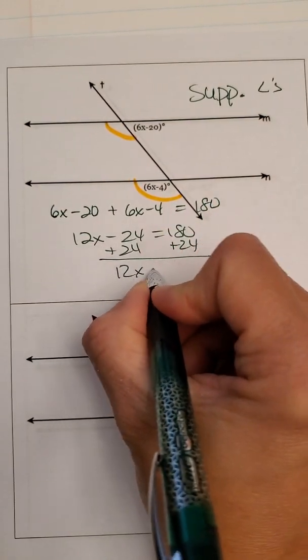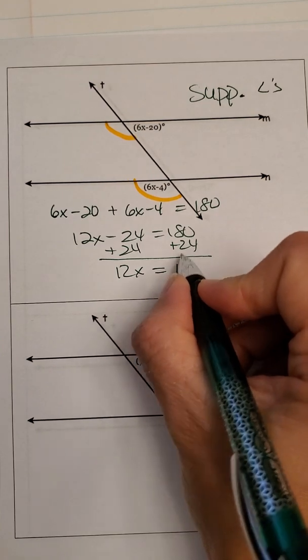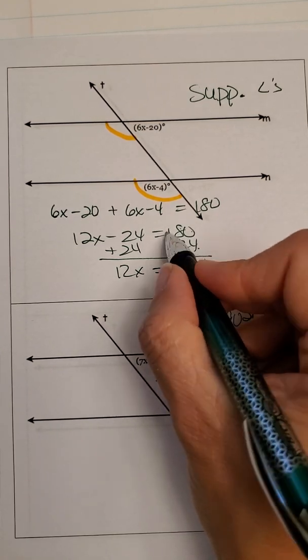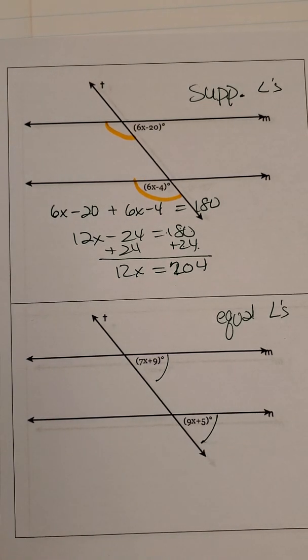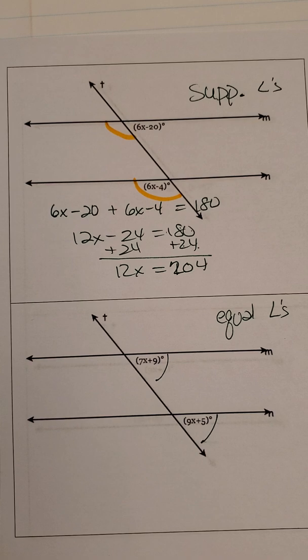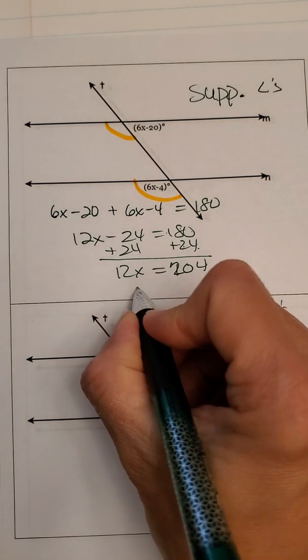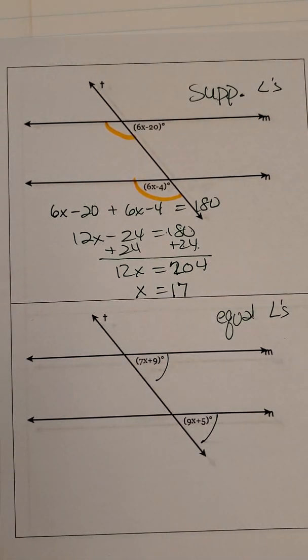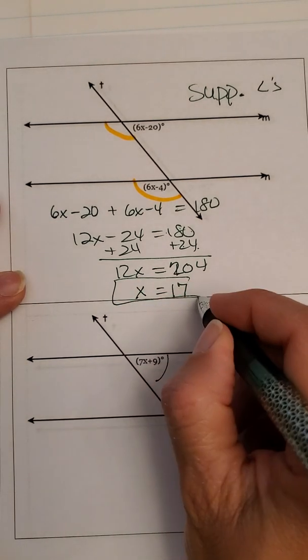I'd get 12x equals 204. Then I would divide. I don't think that is divisible by 12, but let's try. Yeah, it is. It goes in there 17 times. And I'm just asking for x here. All right, so there's x, so I'm done.